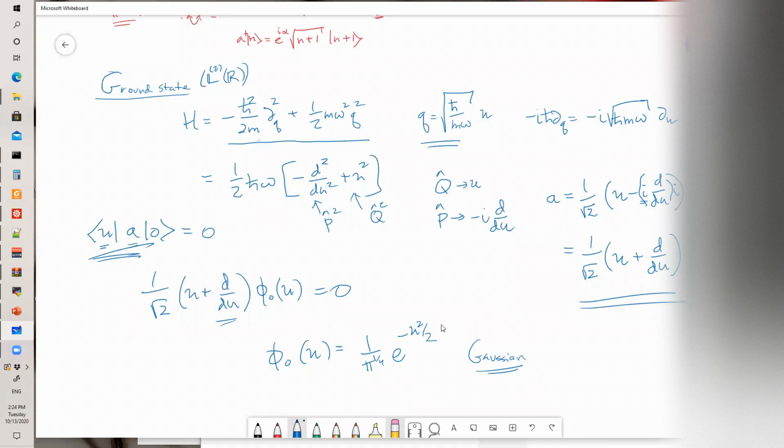So the theory of differential equations tells you that there's one fundamental solution and one normalization, which you pick. And it's this 1 over pi to the 1/4, to make it square integrable. And so you get the uniqueness of the ground state just from the differential equation. So we conclude from here that the ground state is unique.